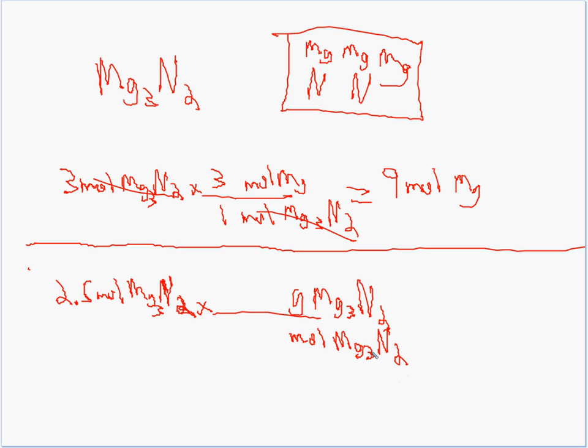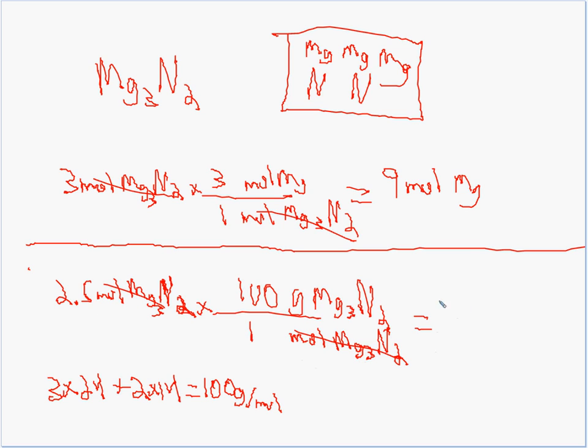So I need the molar mass, right? Mg, there's 3 of them, has a molar mass of 24, plus nitrogen, there's 2 of them, mass of 14. You add that all up together, you get 100 grams per mole. So that's 100 grams for 1 mole. Mole cancels, 2.5 times 100 gives us 250 grams of Mg3N2.